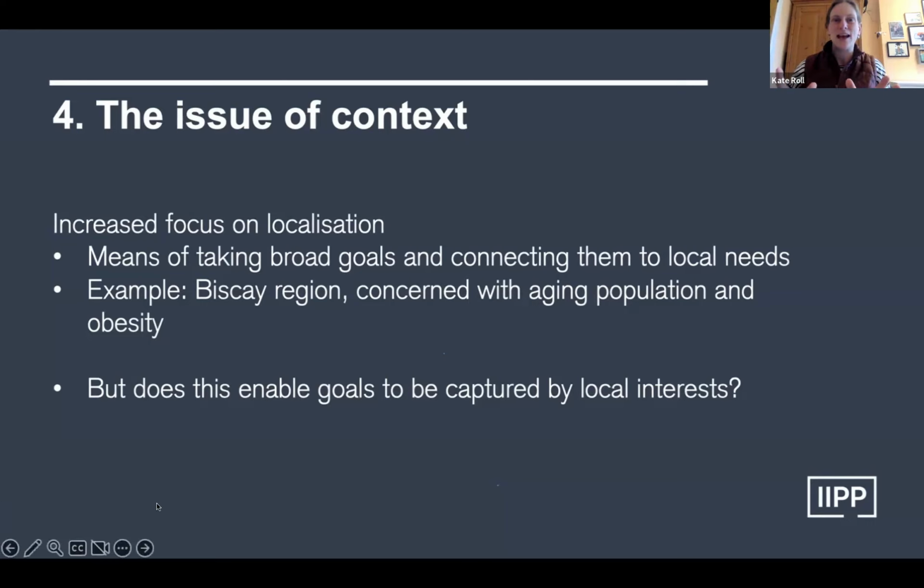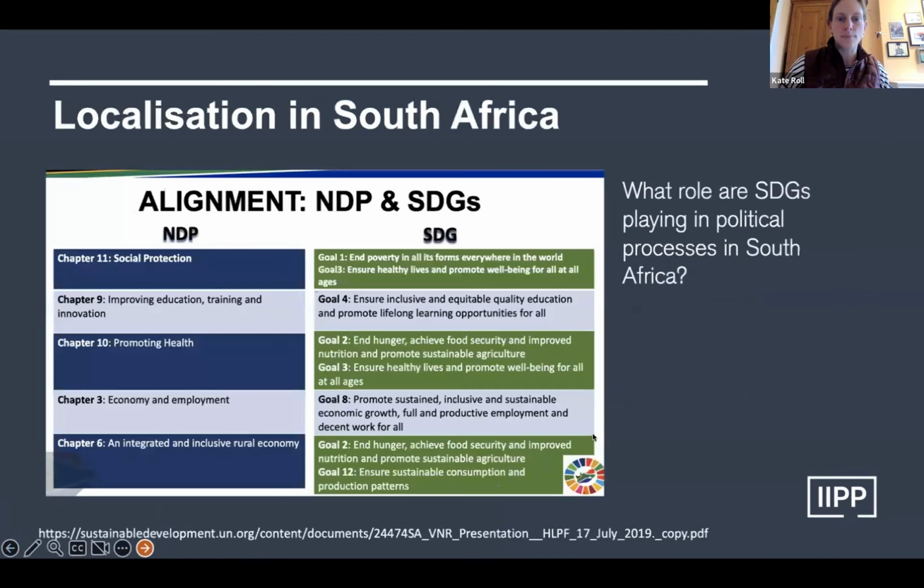Of course, the question that raises is, if everyone is rewriting the goals to meet their local context, do we still have everyone working around the same goals, right? So these are the sort of tensions that come into play when we're working on such a big and important project.